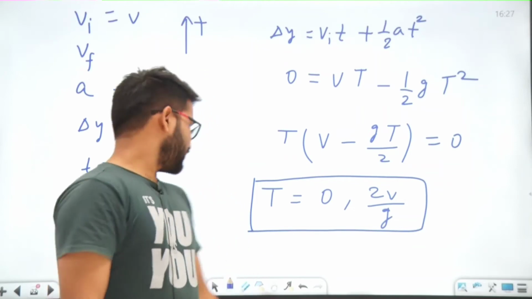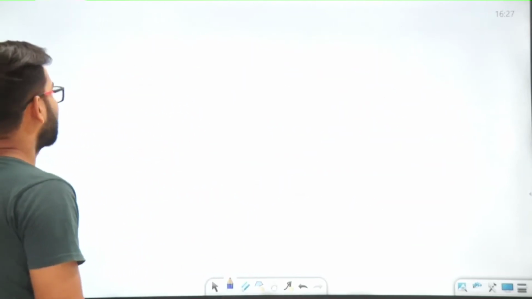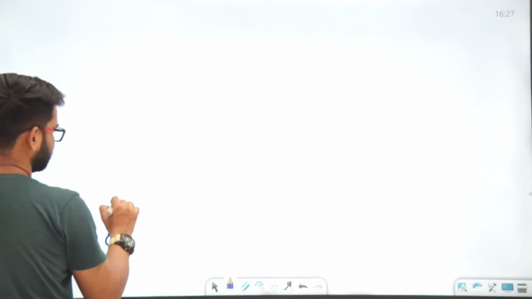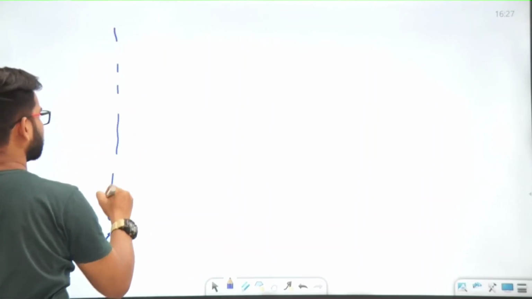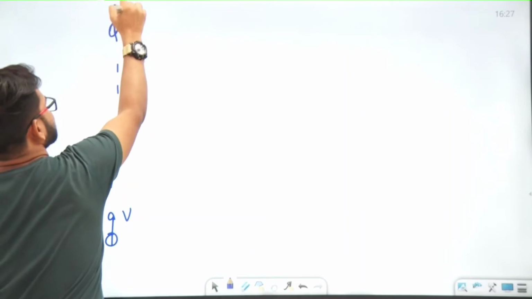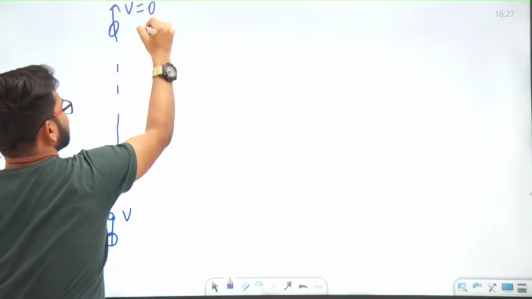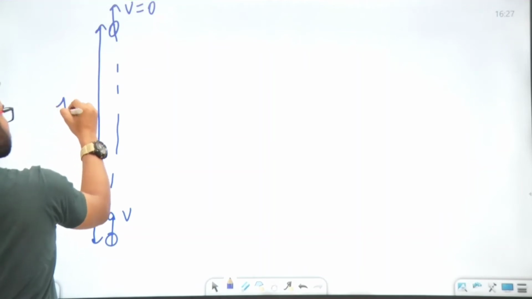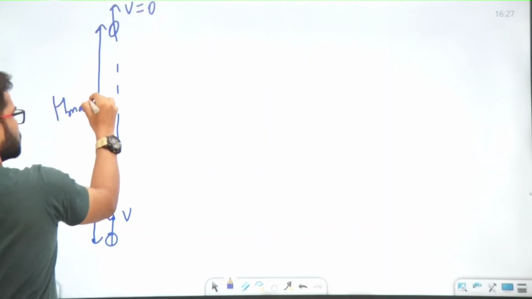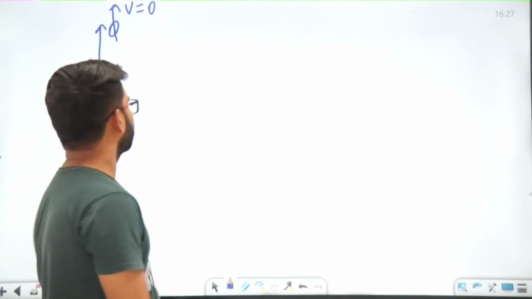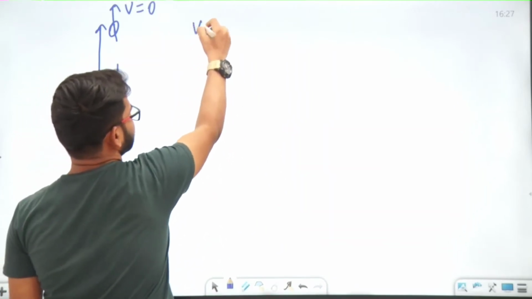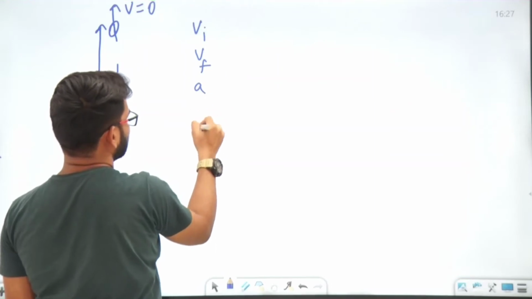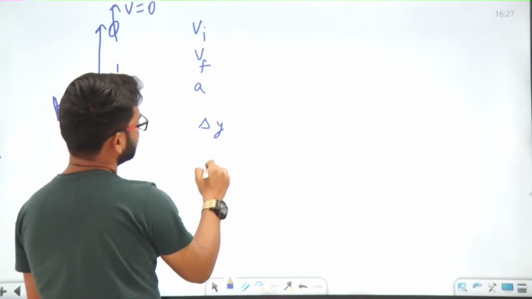Another question we can ask: what will be the maximum height? For this, we write Vi, Vf, a, delta y and t.